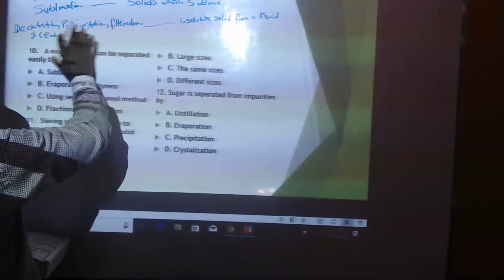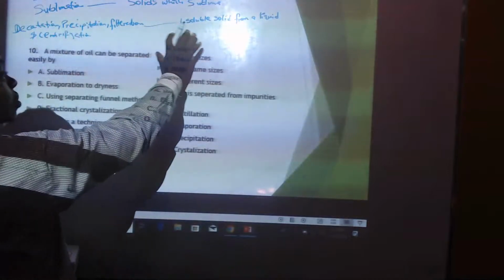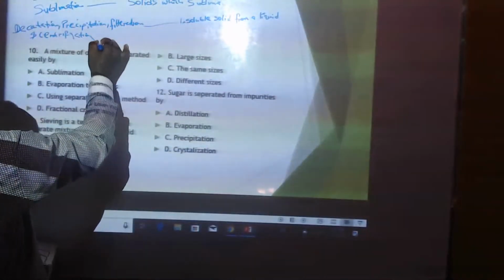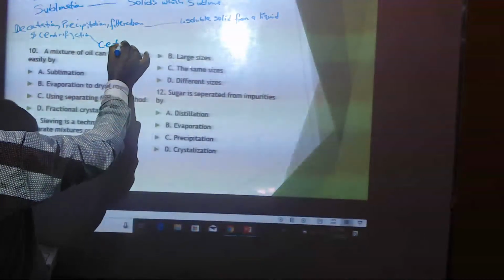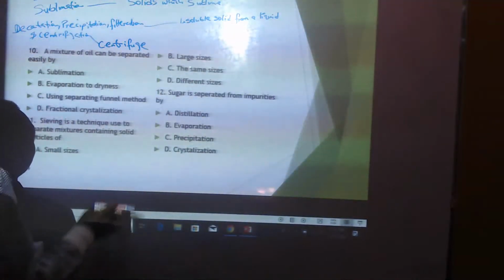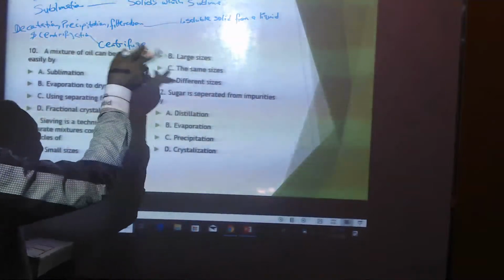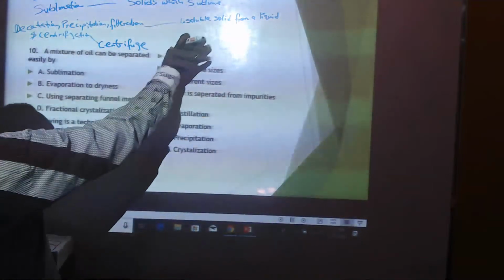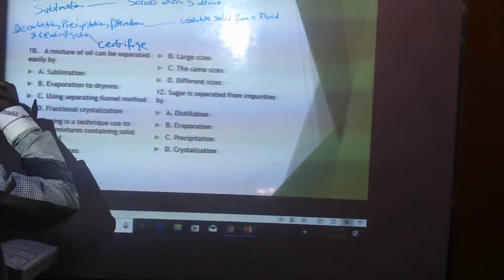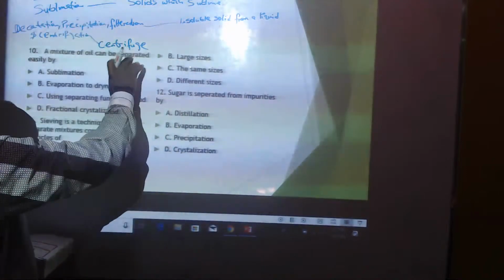Decantation, precipitation, filtration, and centrifugation are all used to separate insoluble solid from a liquid. I told you that centrifugation has to do with using a machine known as a centrifuge. Then you put them into different test tubes and spin, and once you do that, you can decant it or you can filter.